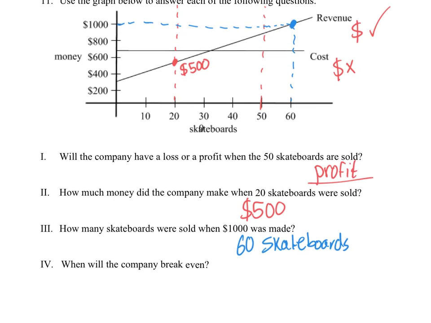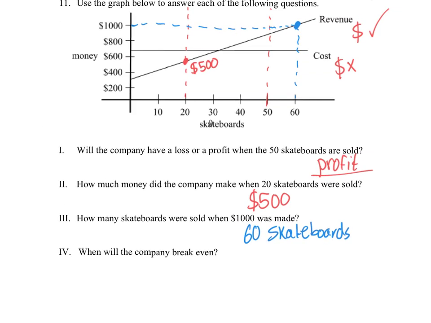Again, guys, this is just interpreting a graph. You really weren't supposed to find this so difficult. And then this one, when will the company break even? That's just when it intersects right here. So again, it's kind of off that 30. It's fine, right? I can say 31 or 32, or you can say 30. It doesn't matter to me, as long as you know that it's where the intersection is.